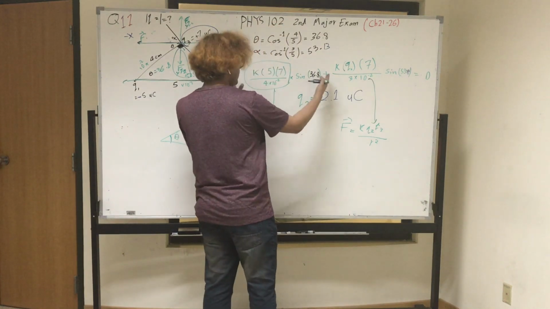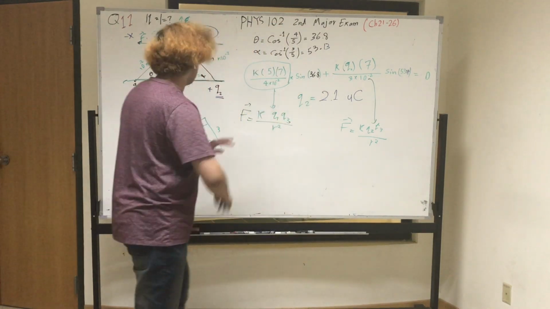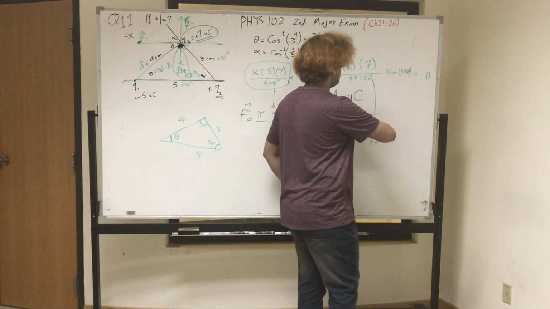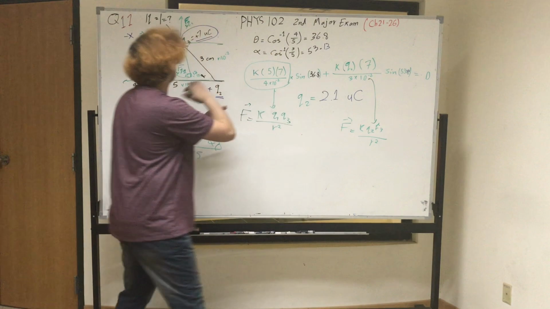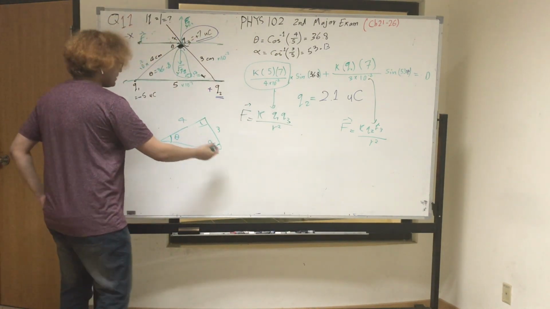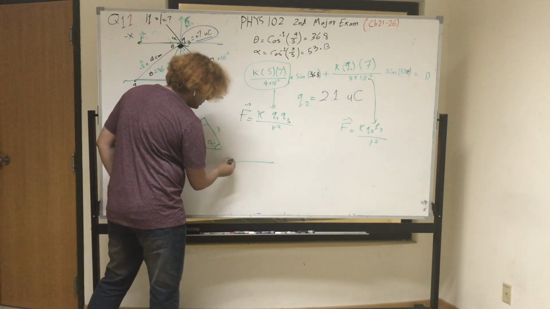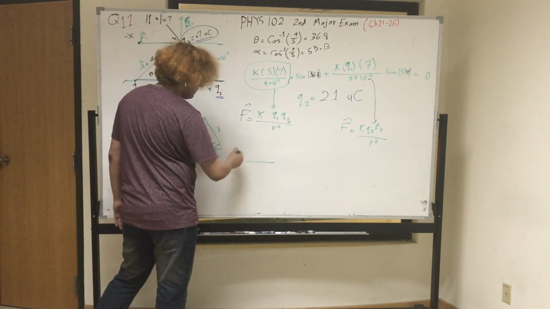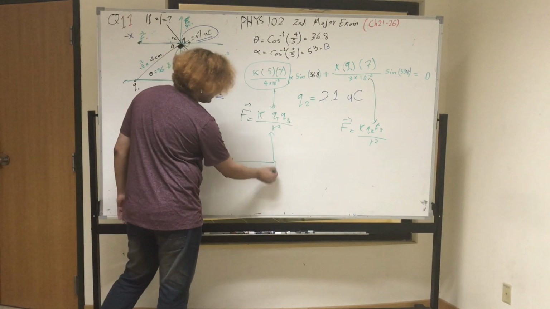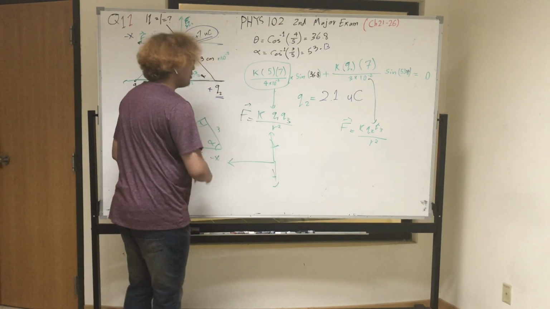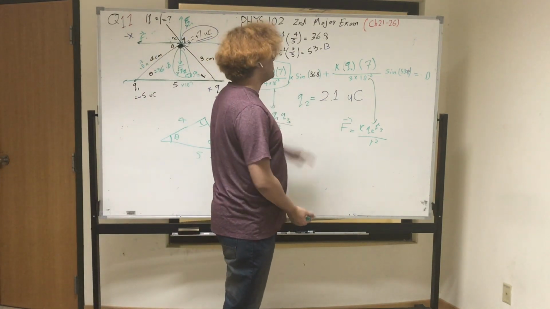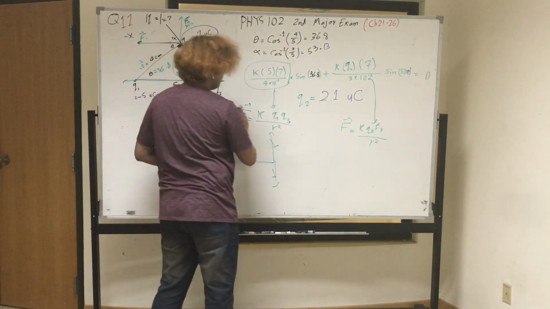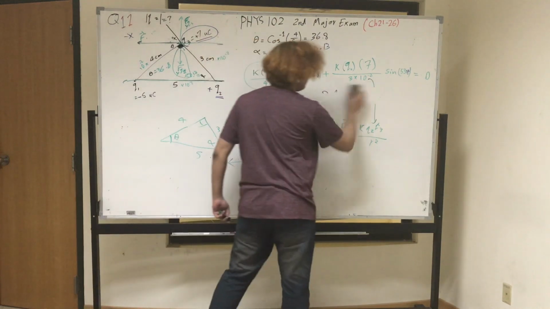So if you add the y component of the force from Q1 and the y component of the force from Q2, their sum must be equal to 0, because our resultant force is only in the x axis and there are no y components. Now we have derived the equation.